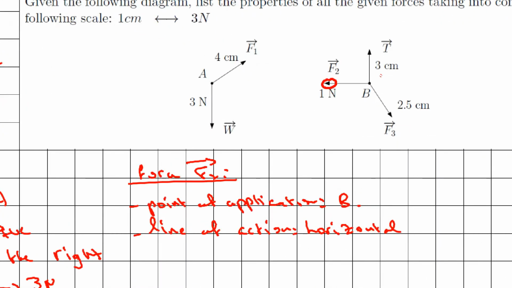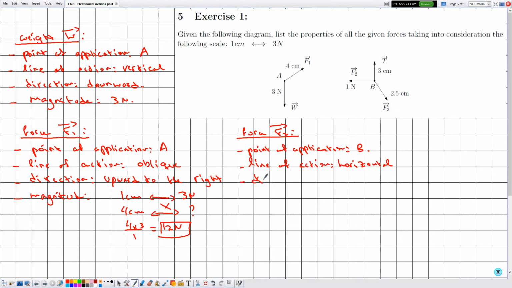The direction here is given by left. And as for the magnitude, no need for any calculation because the magnitude is already represented on the force itself, which is given by 1 newton.